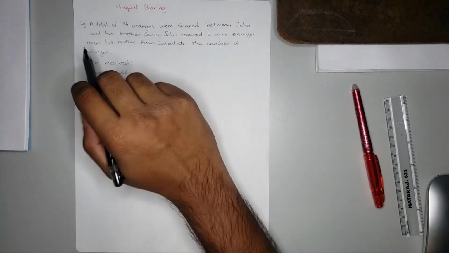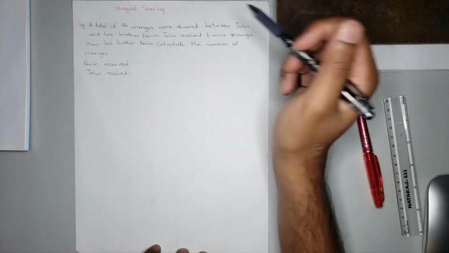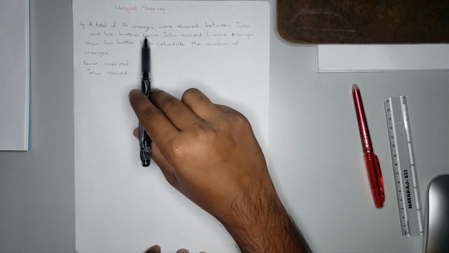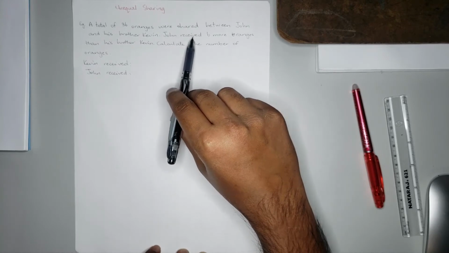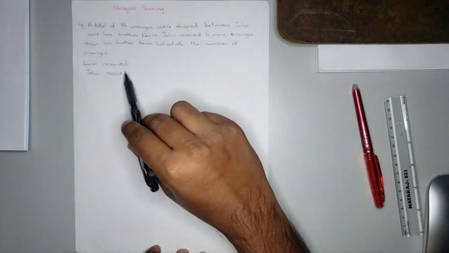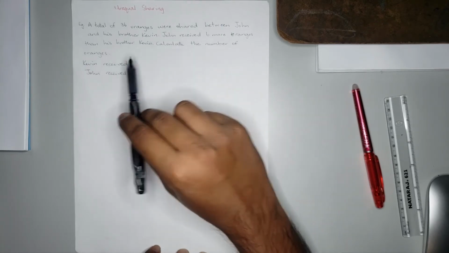So we're starting with a total of 36 oranges shared between John and his brother Kevin. John received 6 more oranges than his brother Kevin. Calculate the number of oranges Kevin received and John received.